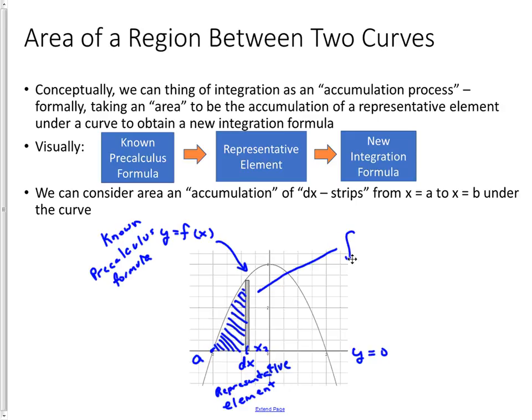That is, we're going to go from A to this point x sub 2 of our function f of x minus 0 dx in this particular process. And this is going to give us, in fact, a new function, which we're going to consider to be F of x sub 2 minus F of a.